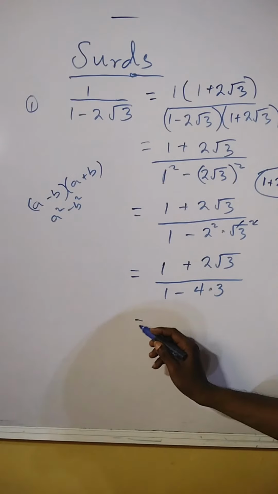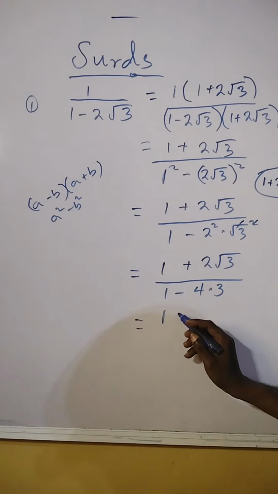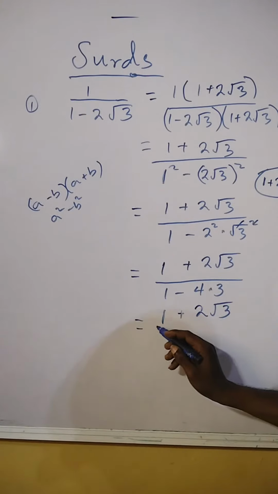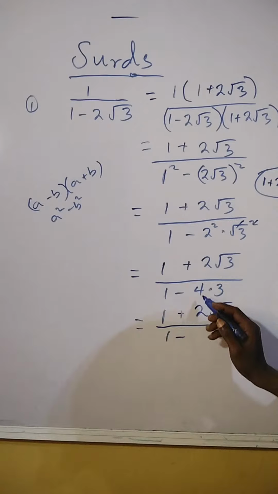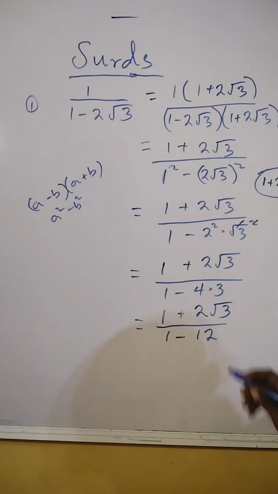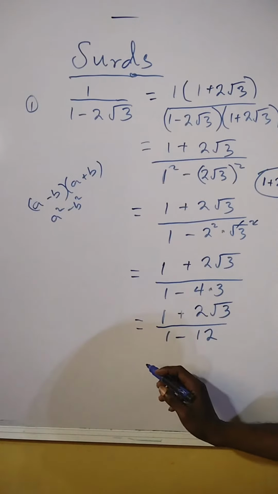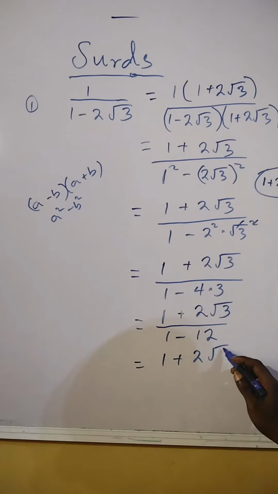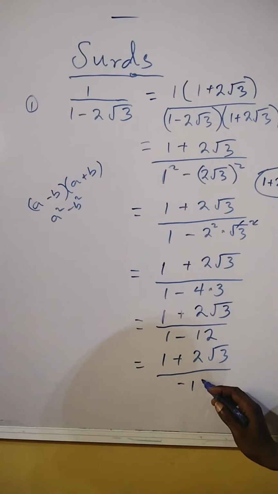So this now becomes 1 plus 2 root 3 over 1 minus 4 times 3, that's 12. Okay, that is, here we now have 1 plus 2 root 3 over 1 minus 12, that's minus 11.